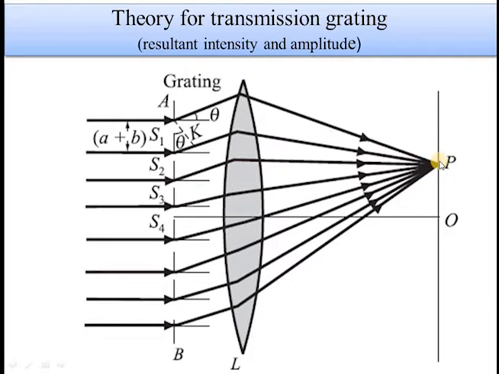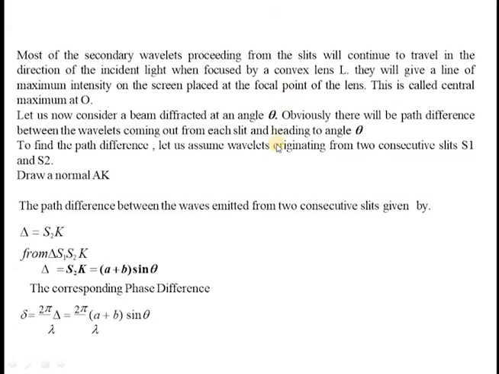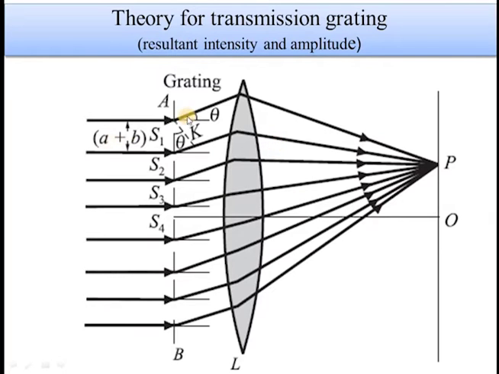Suppose we assume that they meet at the point P. To get the superposition pattern at the point P, we have to get the path difference. Seeing this figure, it is understood that all the distance traveled will be almost the same except for the path difference. It is enlarged here, and this is the difference in the path length of the two consecutive rays emanating from two consecutive points, S1 and S2.